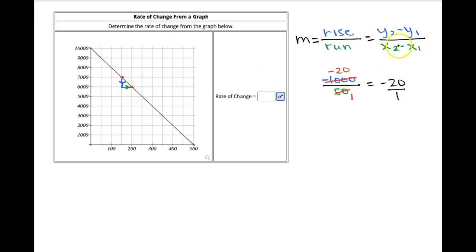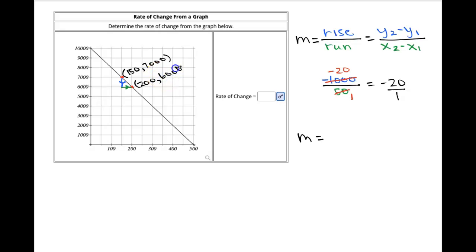All right, let's look at the slope formula also, just because for some people that is a little bit more helpful to see it that way. So we're dealing with these points here. So this first one here is 150, comma 7,000. And then my second point is 200, and then up 6,000.